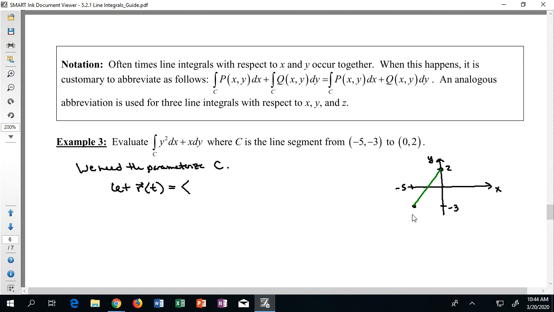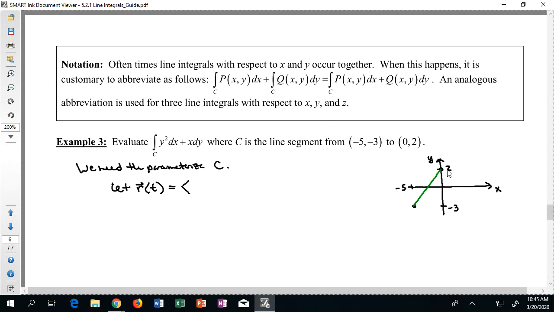Or I could think about how I could construct the equation of a line from vectors, which we did even back in chapter 2, or even chapter 1. So here I'll go back and take a quick look at how I could determine that. I can imagine that I have a starting point down here at (-5, -3), and I'm going to move upward to (0, 2).